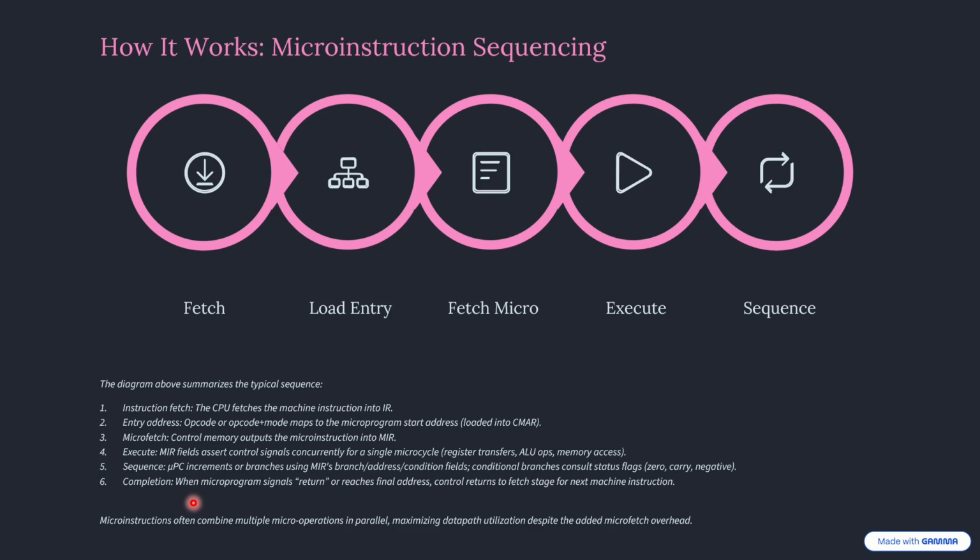When the microprogram signals return or reaches the final address, control returns to the fetch stage for the next machine instruction. The microinstruction often combines multiple micro-operations in parallel, maximizing data path utilization despite the added microfetch overhead.